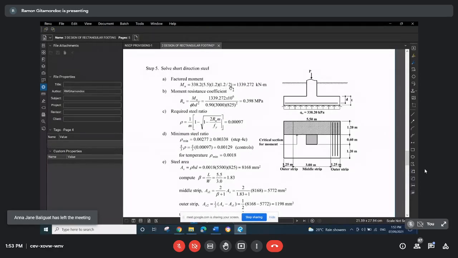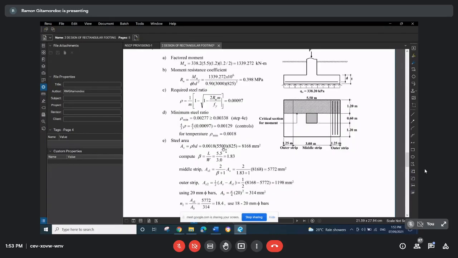So we follow similar calculation for determining the factored moment, that is the upward pressure multiplied by this area, times the moment arm, which is 1.2 over 2. Then Ru, rho required, then compare with rho minimum. Then you notice that the required steel ratio here is very small.